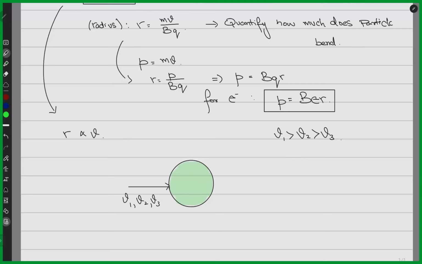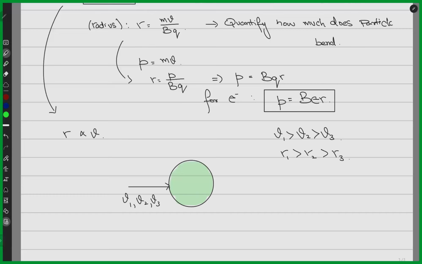So according to this relation that r is directly proportional to the velocity, this immediately gives you that the radius for particle 1 will be greater than the radius for particle 2, that will be greater than the radius of particle 3, because they're directly related to each other. So what path would you expect?